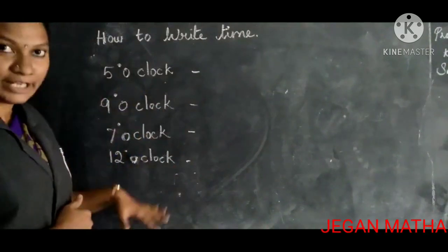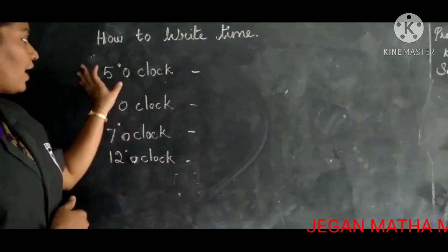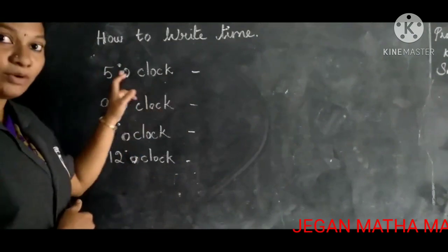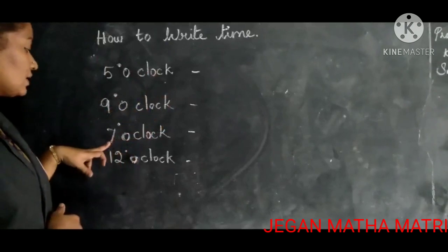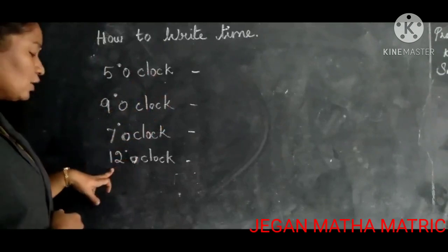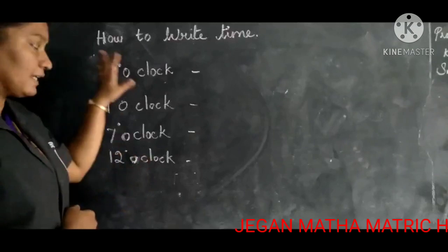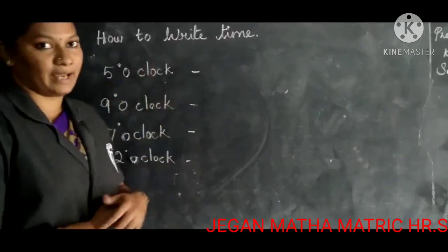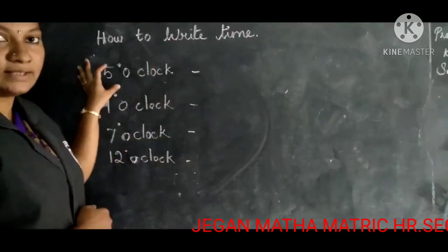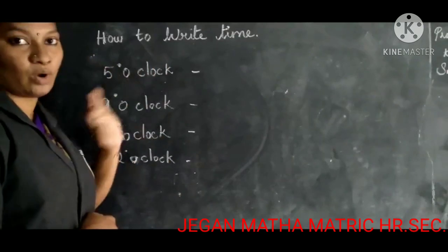See, this is the reading format: 5 o'clock, 9 o'clock, 7 o'clock and 12 o'clock. Now let's see how to write the time. Let's see the first one, 5 o'clock.